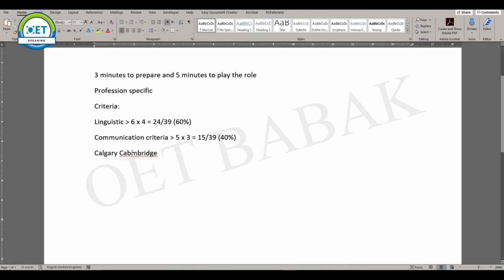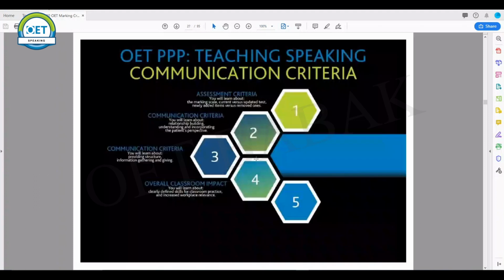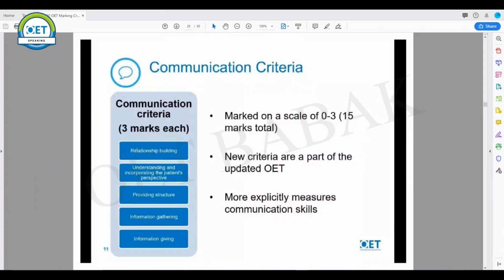Basically, there are 5 parts in the communication criteria: building a relationship with the patient, understanding the patient's perspective and incorporating it in the consultation, providing a structure, information gathering, and information giving.